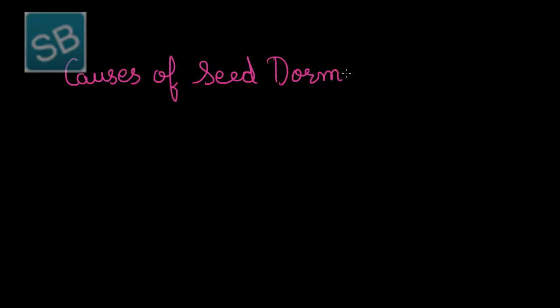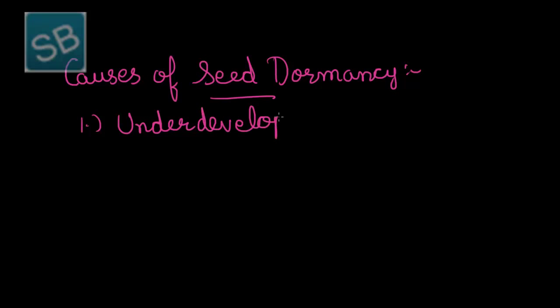Now after studying about the types of seed dormancy, let us understand what are the various causes that lead to seed dormancy. The first cause is an underdeveloped or physiologically immature embryo.